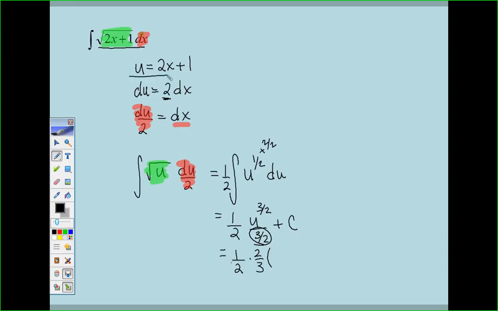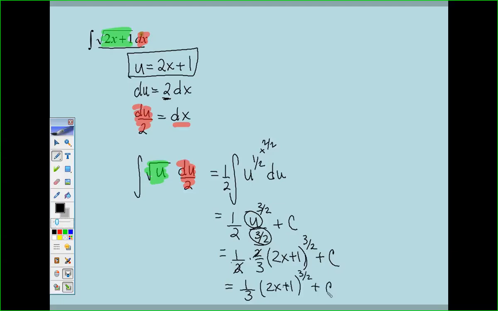We know that u equals 2x plus 1. So we have 2x plus 1 to the 3/2 power plus c. And so we could reduce the 2's here, and we have 1/3 times 2x plus 1 to the 3/2 plus c. And that's our antiderivative.